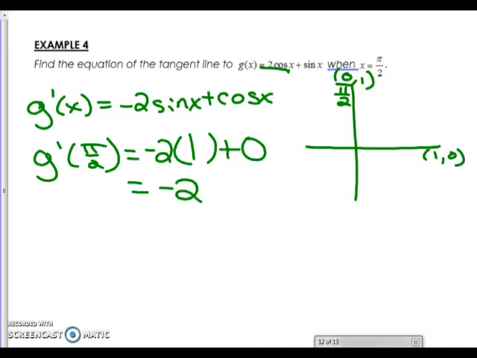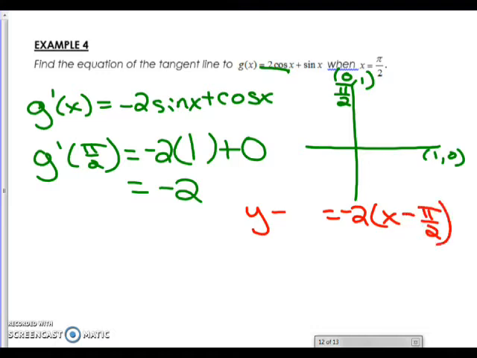Okay. So now we need to plug into the original to get the corresponding y-coordinate. So again, think of y minus y1 equals m, the m value, times parentheses x minus x1.